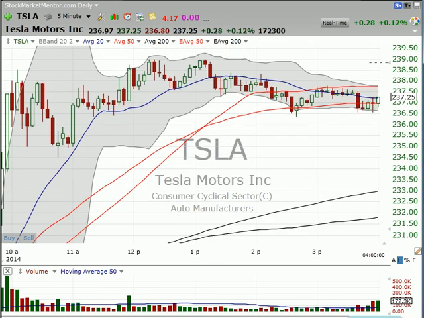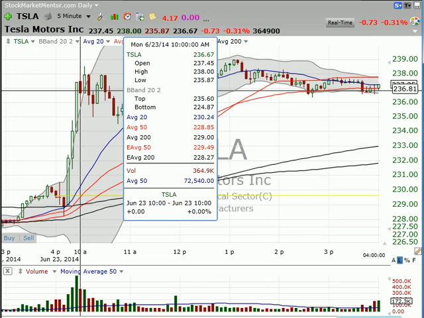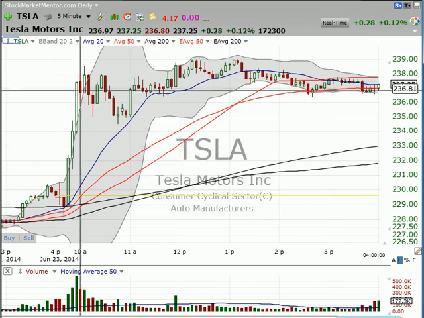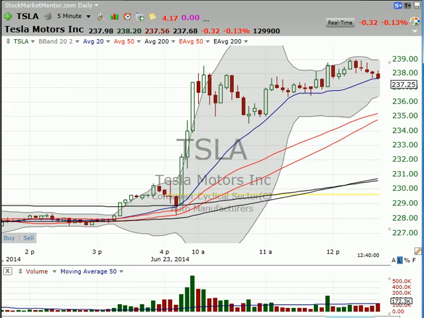So, for example, on Tesla, during the day, in the morning, right up here, and I don't know that this was the exact format that I used, I forget, but it'll work for our purposes. Let's say we're long Tesla all the way up.